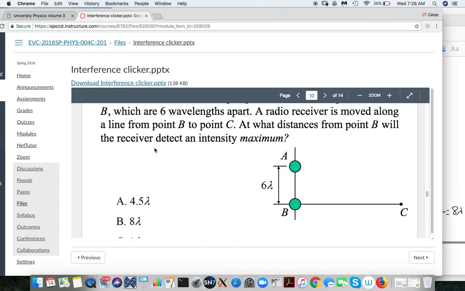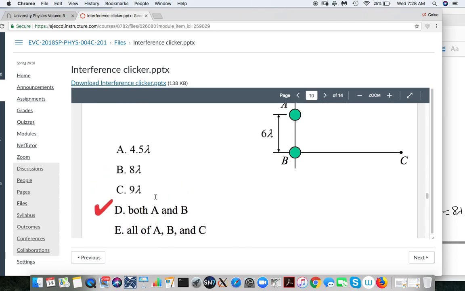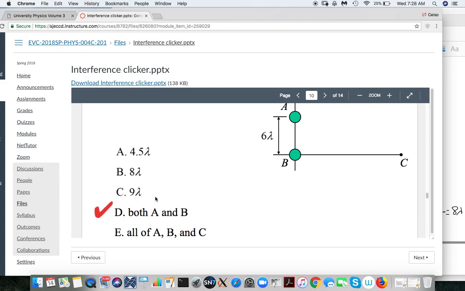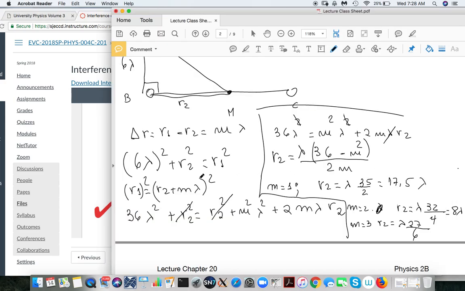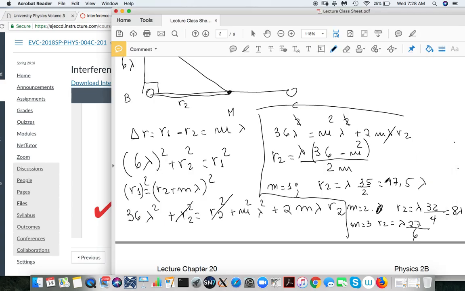So what are the answers? B is a possibility. Didn't we get B? Yeah, which for 4.5, what would that be? Which m equal 4?